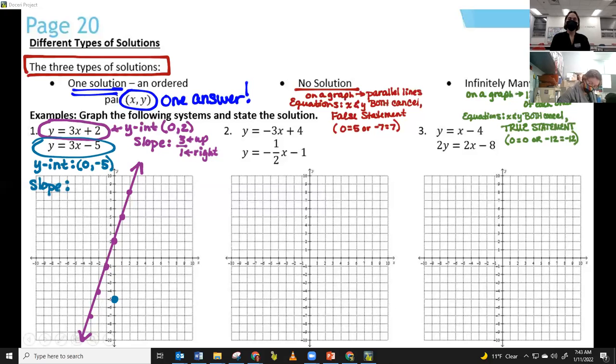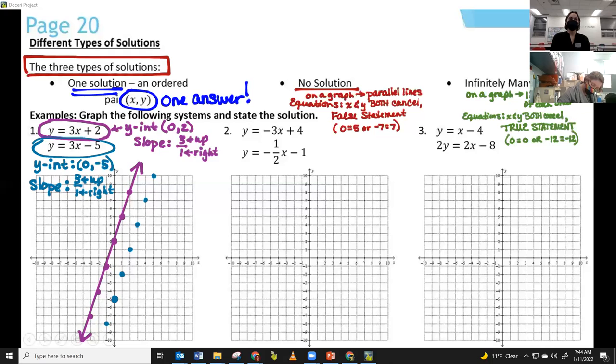Three over 1 again. So we're going to go up 3 and we're going to go right 1. So from negative 5 up 3 and right 1. Going to do that until I run out of room and then turn it around and go backwards. And then grab my straight edge.